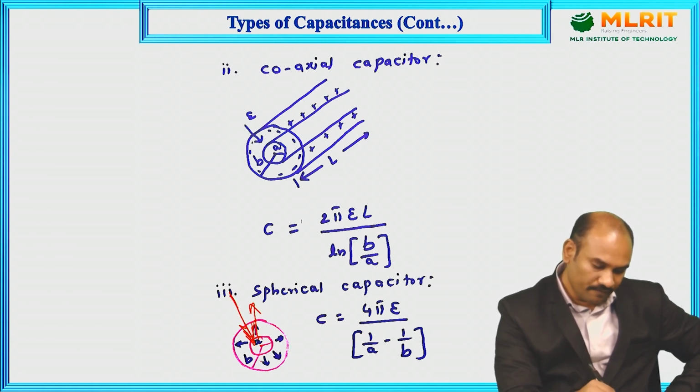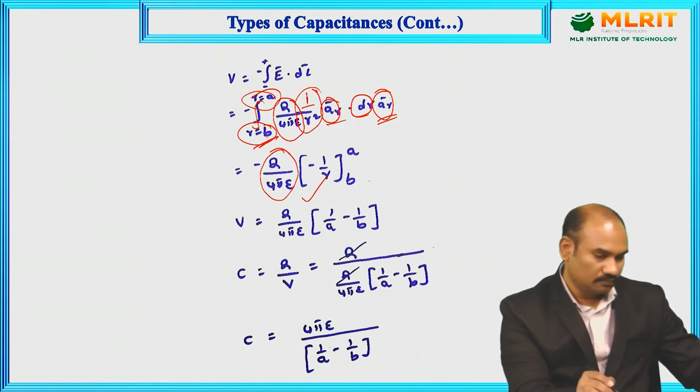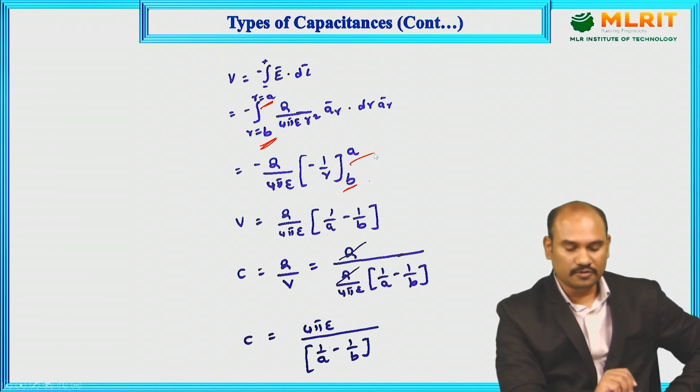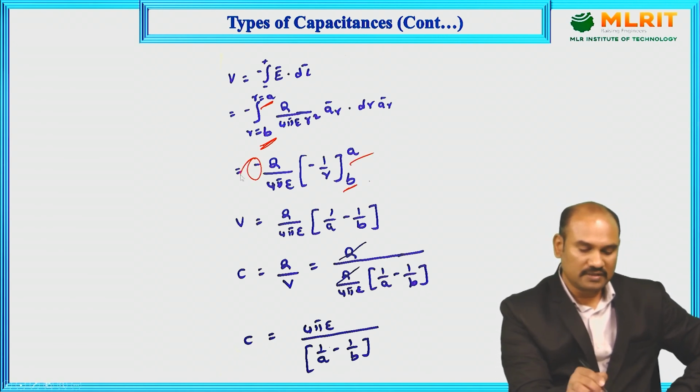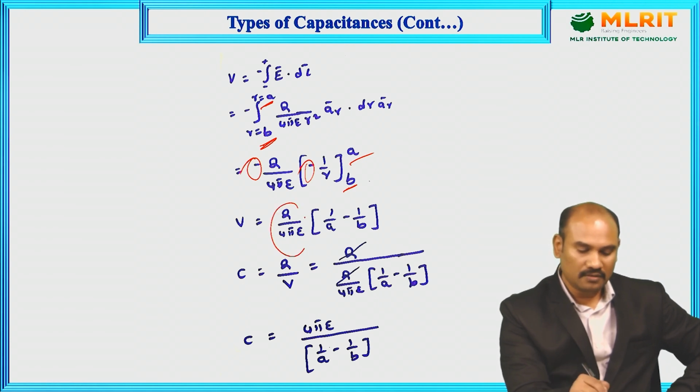Going in means from B to A. That's why I have taken from B to A. If you substitute the limits for R, you have minus here, minus here, so you get plus Q by 4 pi epsilon, 1 by A minus 1 by B. This is the expression for V.